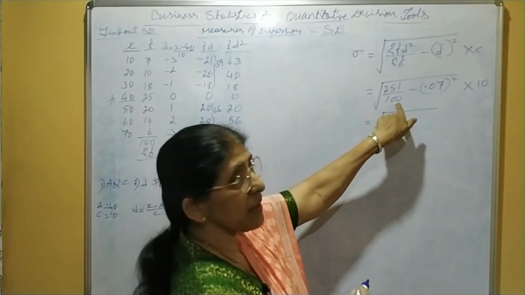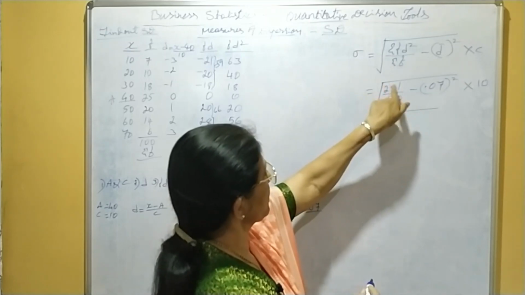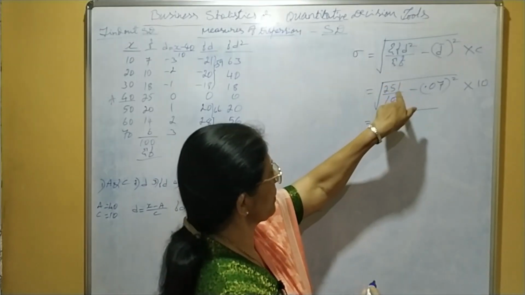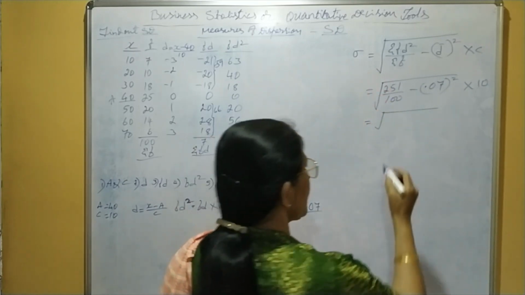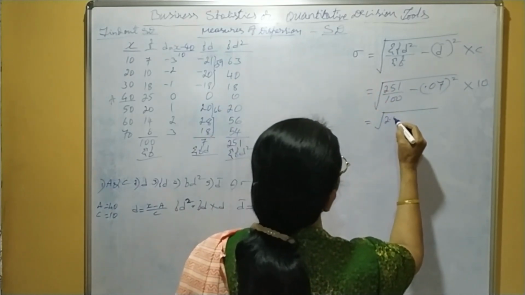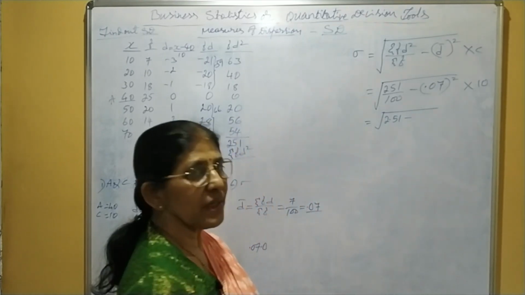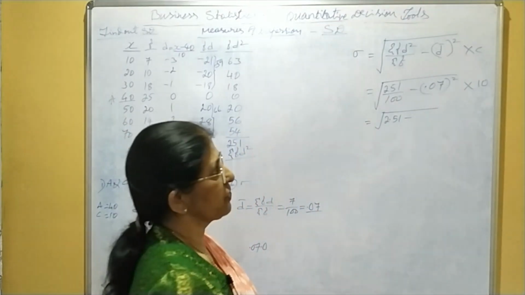Here divided by 100 there are 2 zeros. Shift this decimal point 2 places to the left side. It becomes 2.51 minus 0.07 into 0.07.